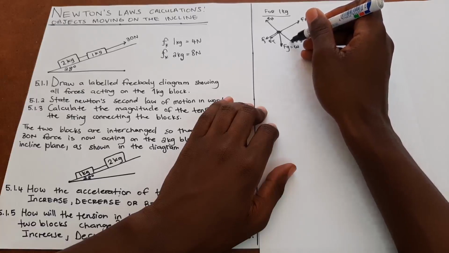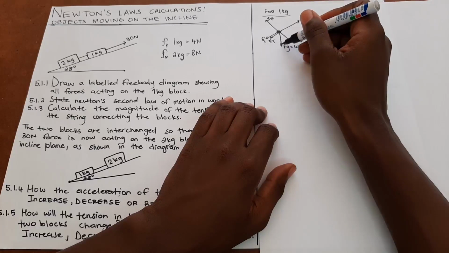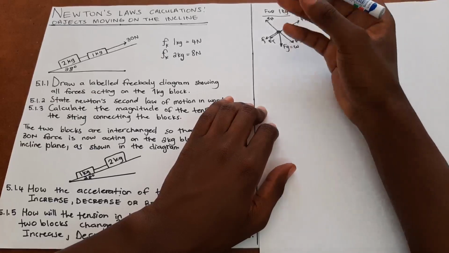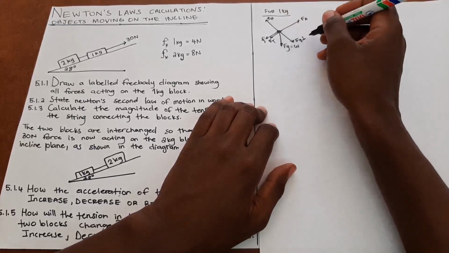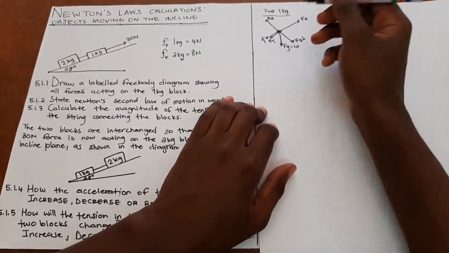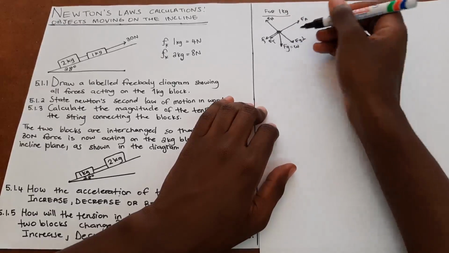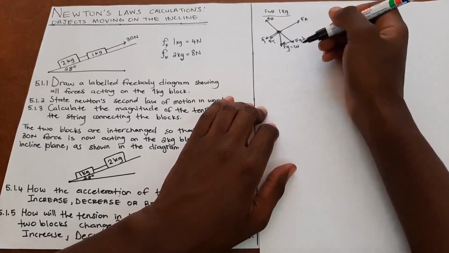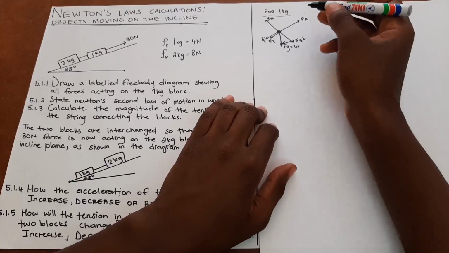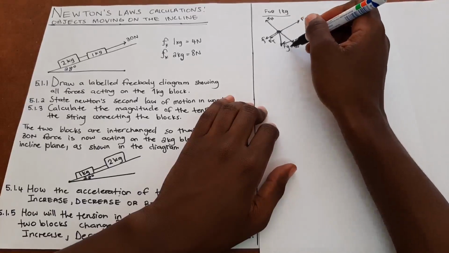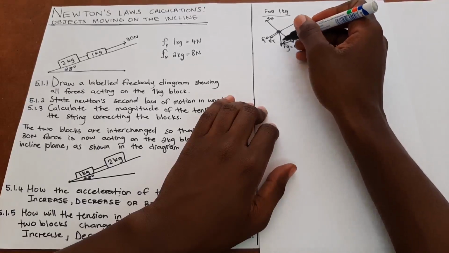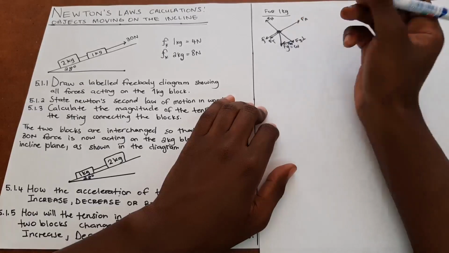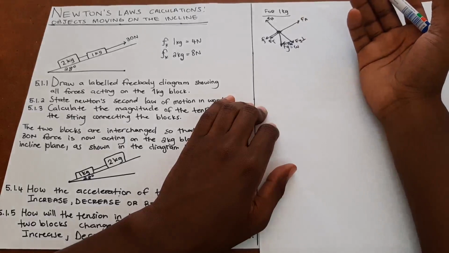It's also here, guys, but I'm drawing it here so that we can work with theta and find our components, Fg parallel and Fg perpendicular. I think you understand. So this is going to be our Fg parallel right now. This is the gravitational force, and this is Fg parallel here.